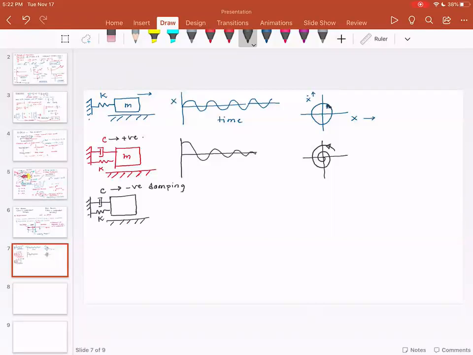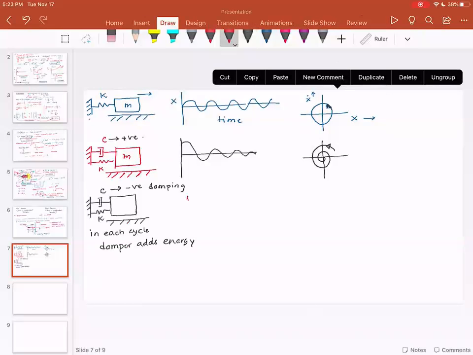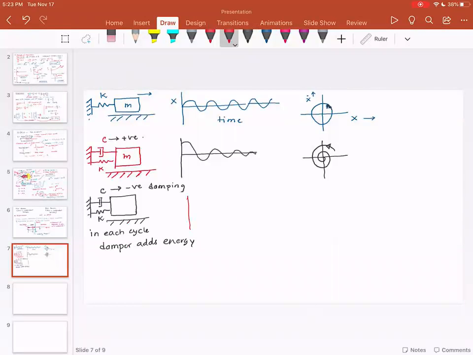So what it means is, in every oscillation, in each cycle, the damper adds energy. So clearly, you can guess that if in each cycle the damper is going to add energy, then the system response is going to grow.